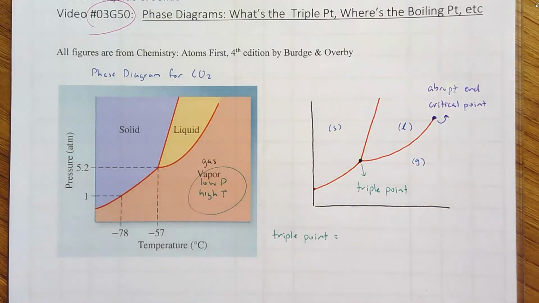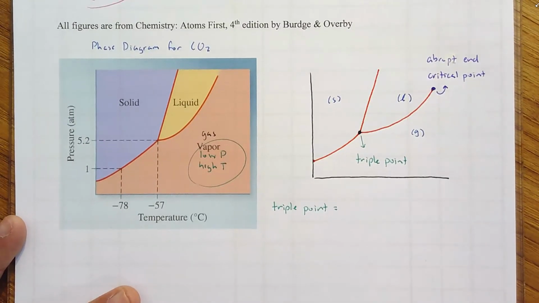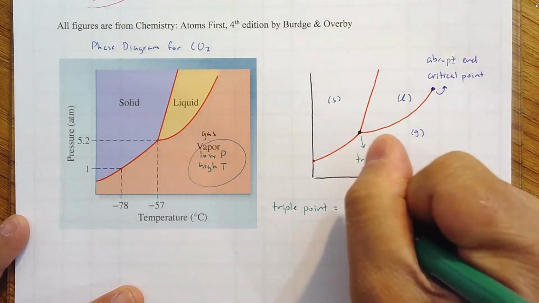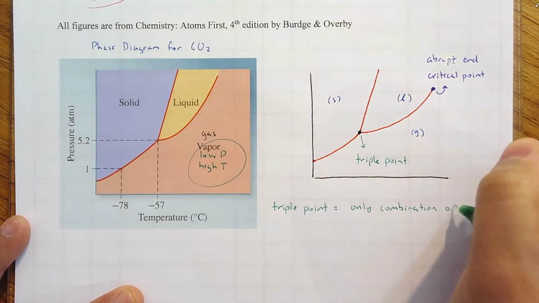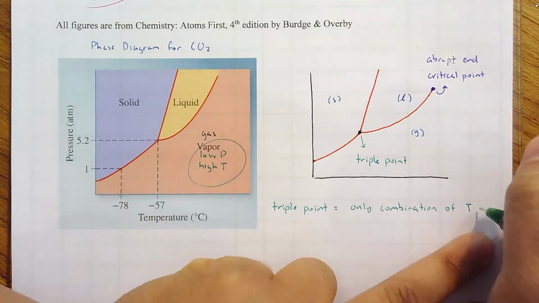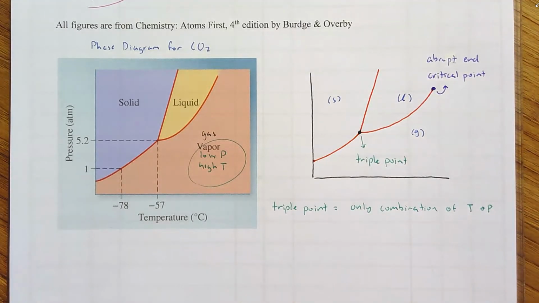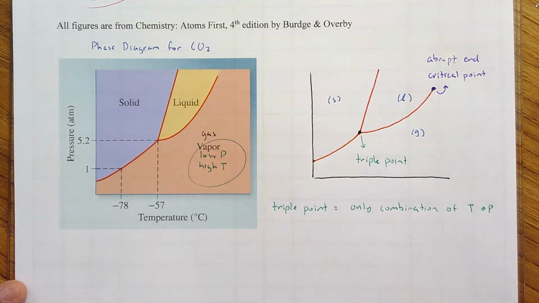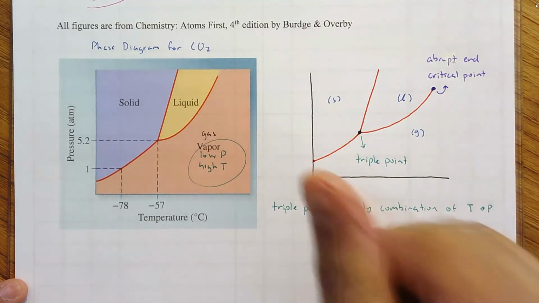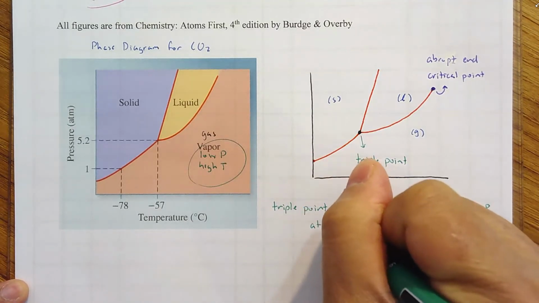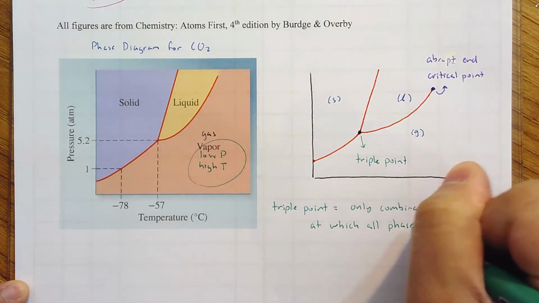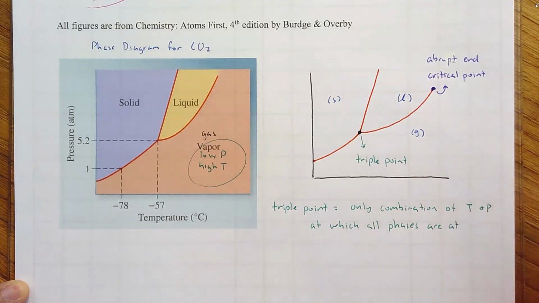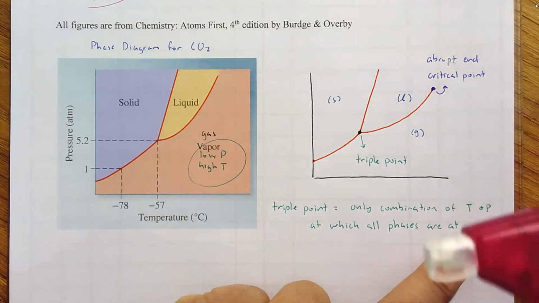It's the only combination of T and P, temperature and pressure, where all phases can be in equilibrium.